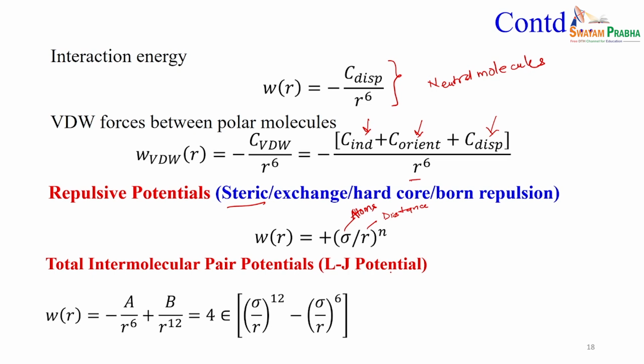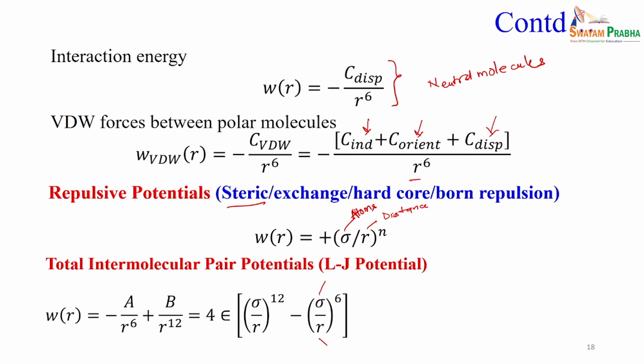It has both attractive terms as well as repulsive terms, which can be further simplified in terms of the size of the atom divided by the interatomic distance. So this will be 4 epsilon times sigma upon r to the power 12 minus sigma upon r to the power 6.